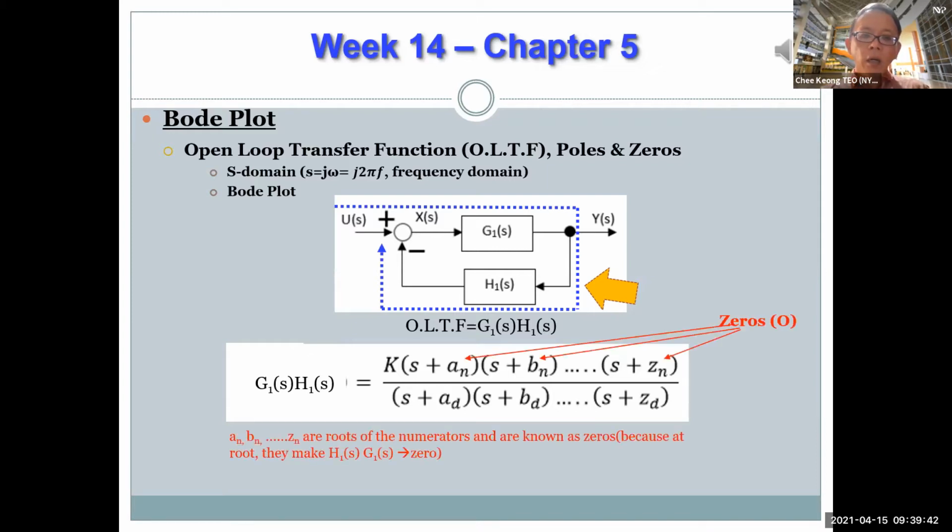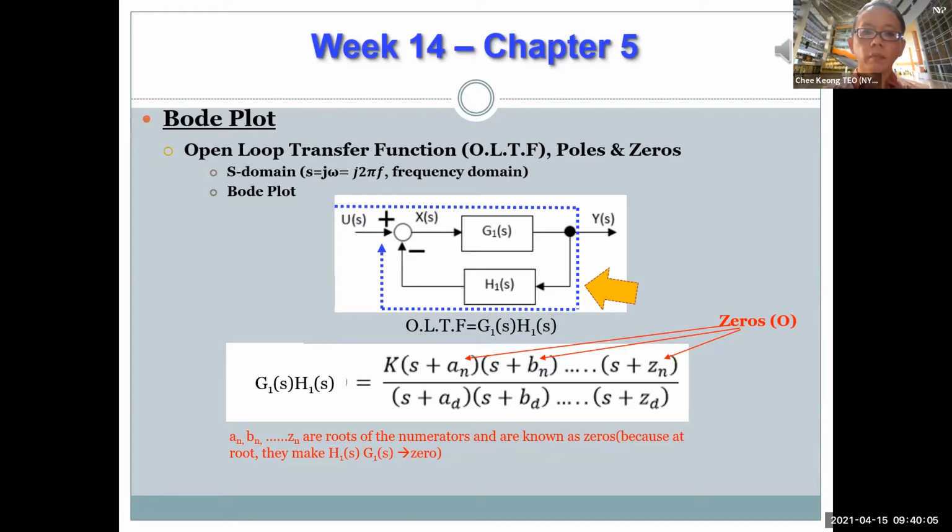Let's go slightly deeper by defining what a pole and a zero are. After determining the open-loop transfer function G1(S)H1(S), we rewrite it in the form of a product of sums, with numerator and denominator. Those roots, or solutions, of the numerator are called zeros.